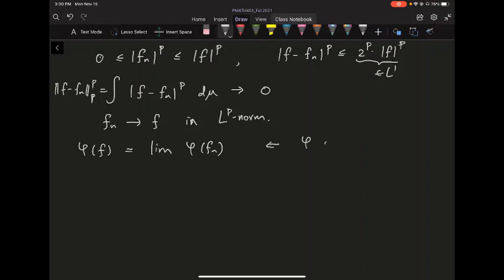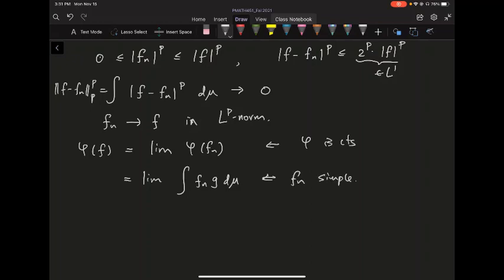So here we use that phi is continuous. fn converges to f in LP, and phi is in the dual space of LP, so it's a continuous map from LP to R. So I can write this limit. And now because each of these fn is a simple function, I can use what we showed from the last video. So this is the integral of fn g d mu. This is because fn is simple.